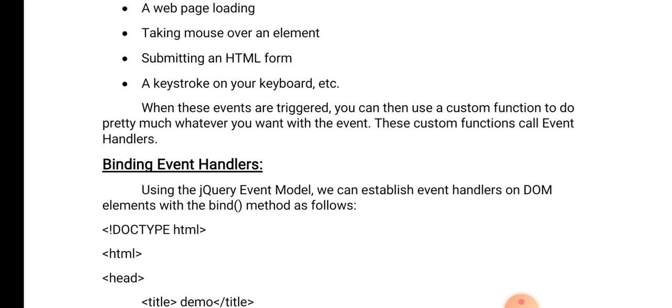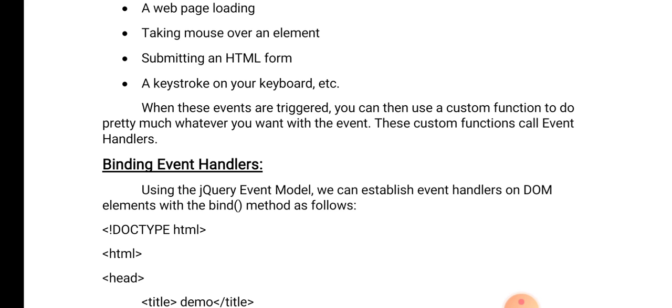Using the jQuery event method, we can establish event handlers on DOM elements with the bind method as follows. So for binding event handlers, we make use of the bind method.